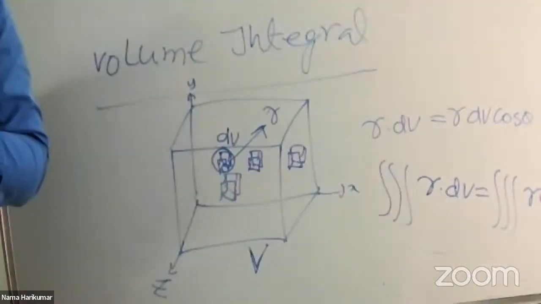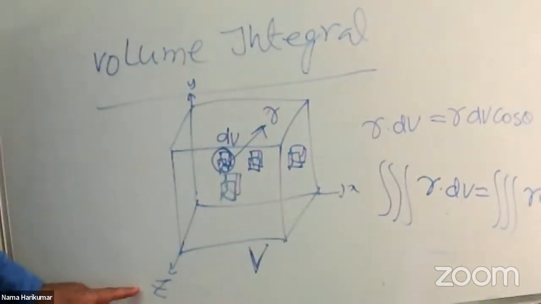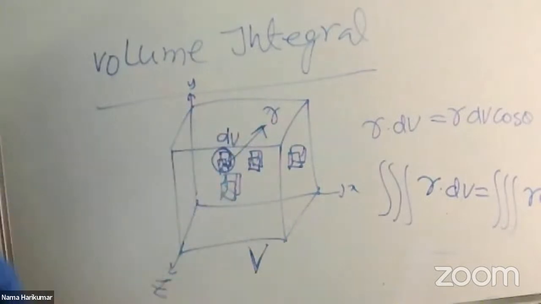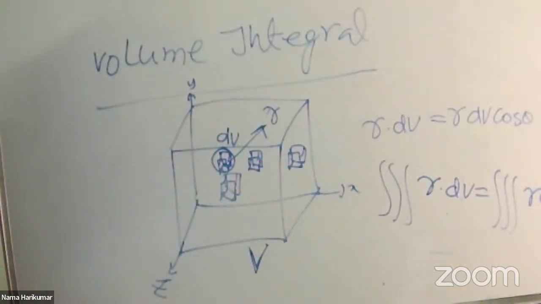In the textbook they represent it with unit vectors and integrals: x integral, y integral, z integral. These are x, y, z, already shown in our diagram. In place of dv you can write dx, dy, dz like this. Okay, right.